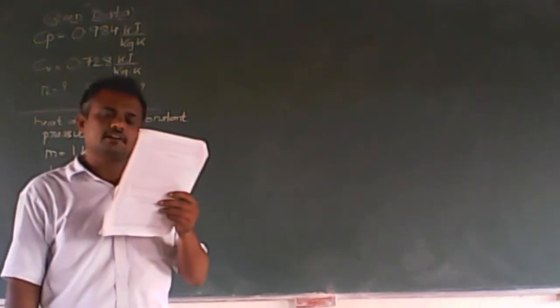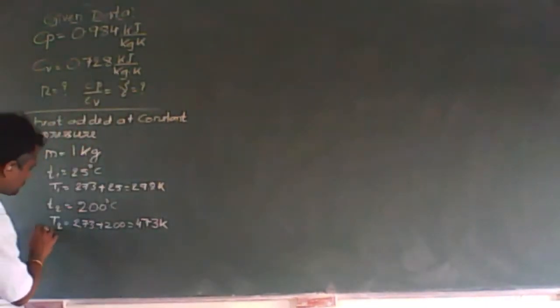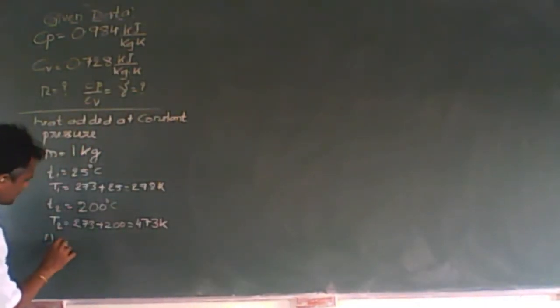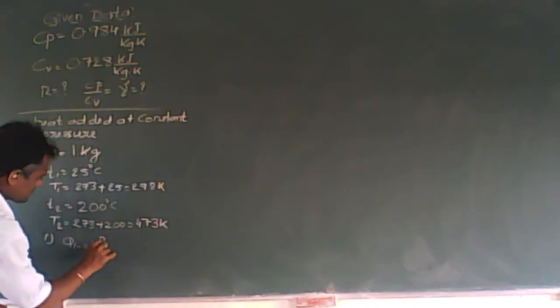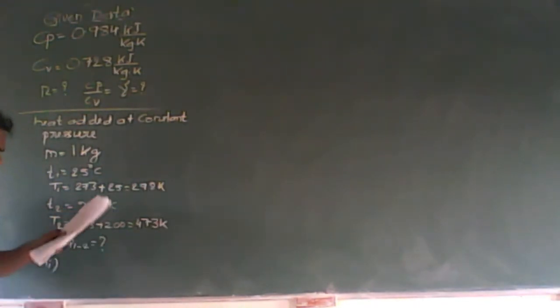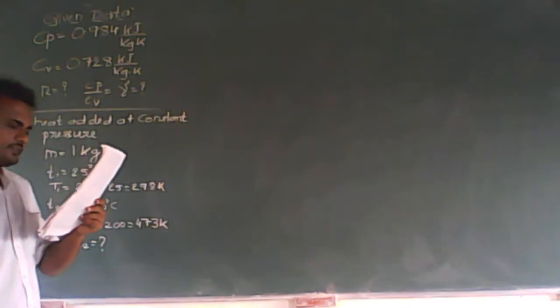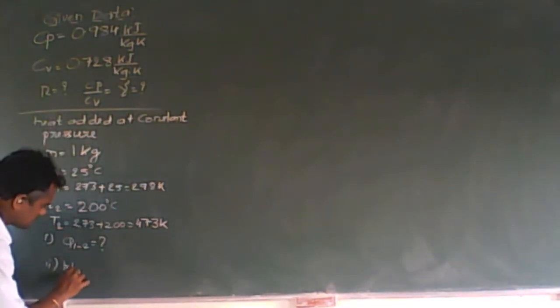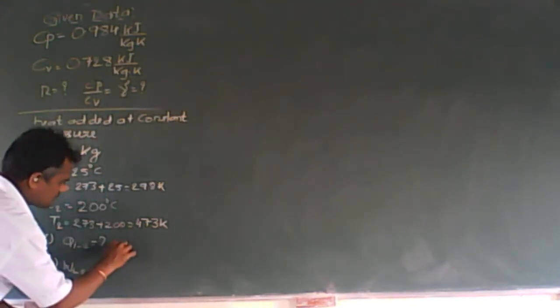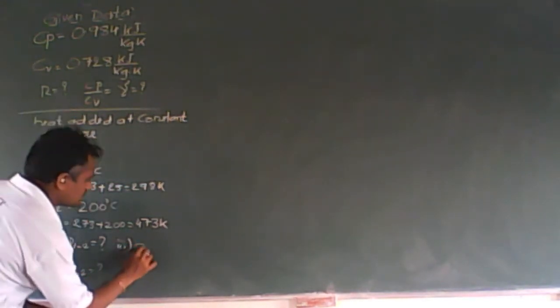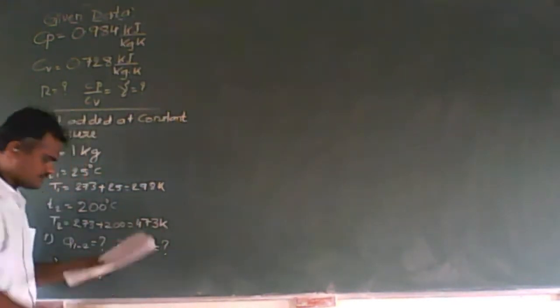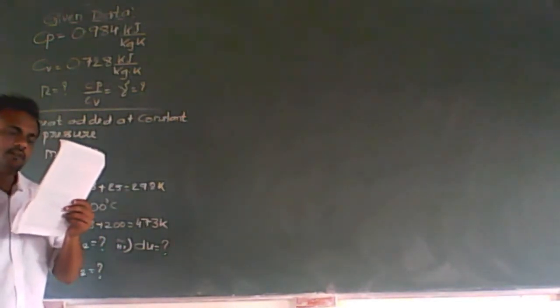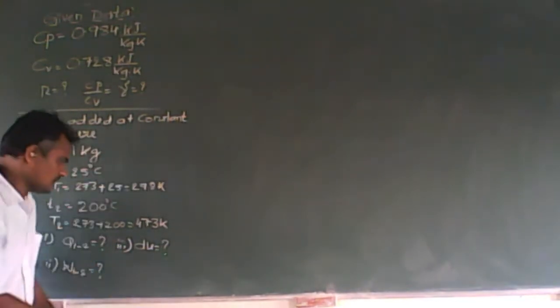Estimate the heat added, which means Q1 to 2. First we have to calculate heat added, second is work done, and third is change in internal energy, du. Also calculate the pressure and the final volume.